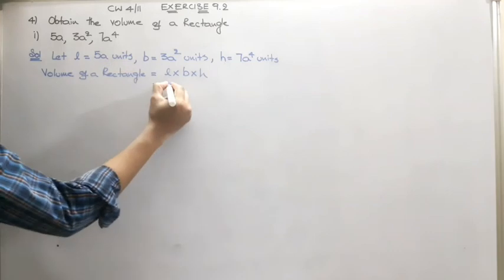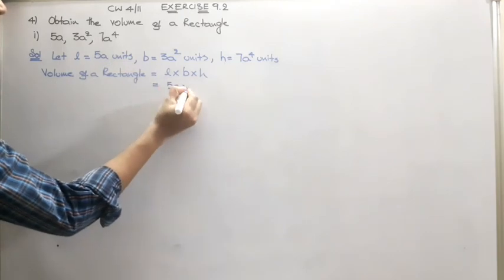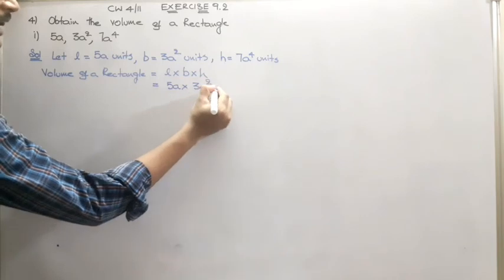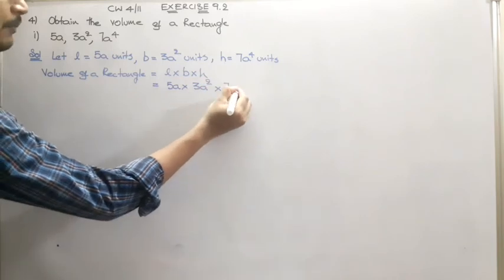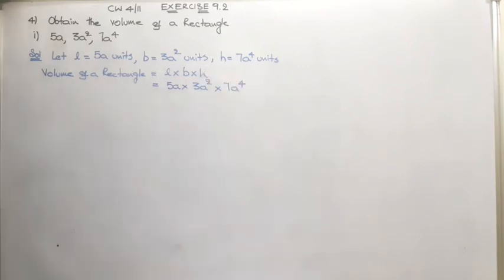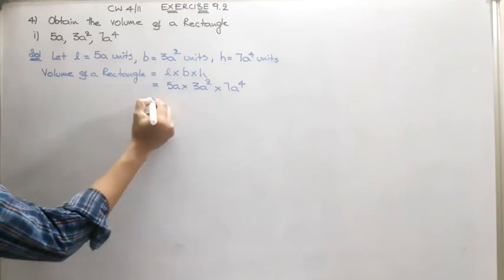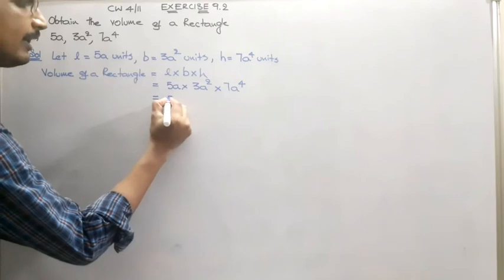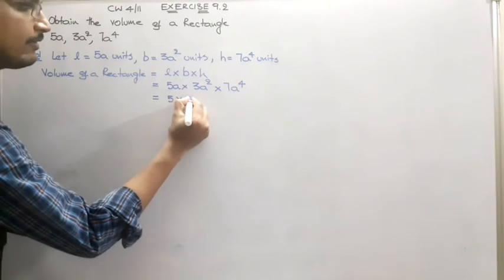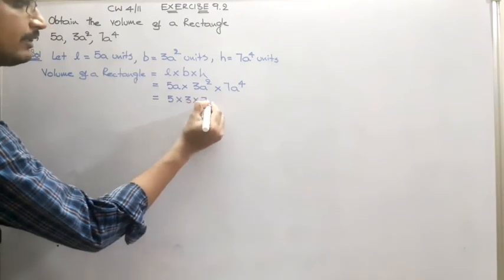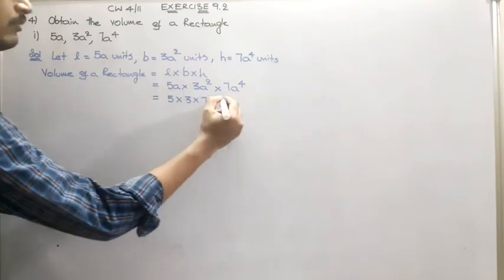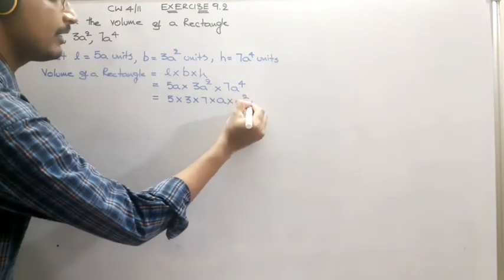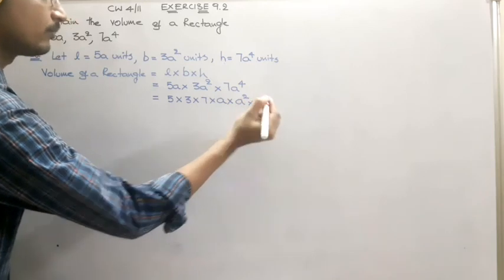We have the length as 5A here, 5A into breadth as 3A squared and height as 7A power 4. Now let us write the numerical terms and the like terms in order. 5 into 3 into 7 into, in the first term we have A square and lastly A power 4.